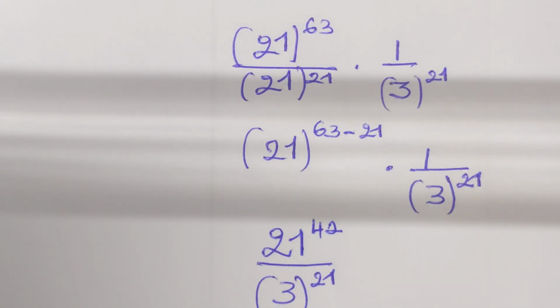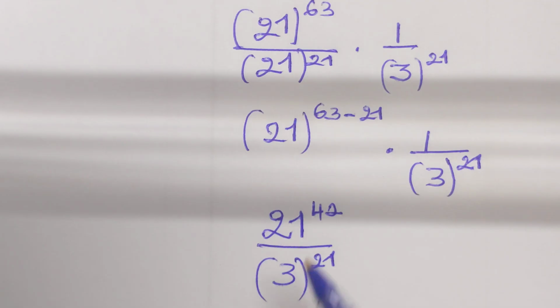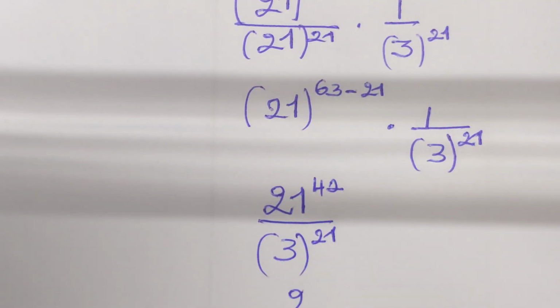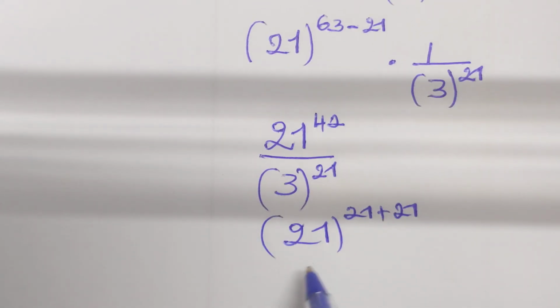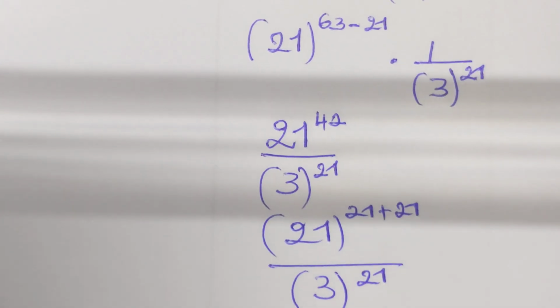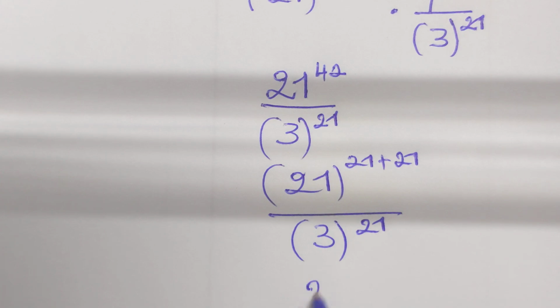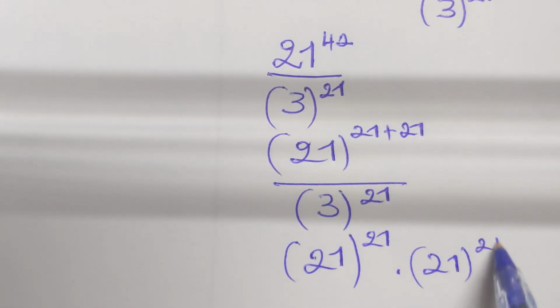Then 42 is equal to 21 times 2, which means this is 21 power 21 plus 21 over 3 power 21, and this can be 21 power 21 times 21 power 21.